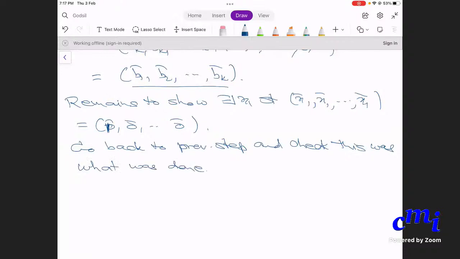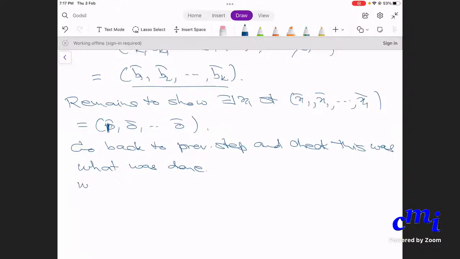We want to find an element which is 1 mod I1 and it is 0 mod I2, I3 and all. So that means it belongs to the intersection, or it belongs to the product of I2, I3 up to Ik. We did that. We found an element such that it minus 1 belonged to all of them.